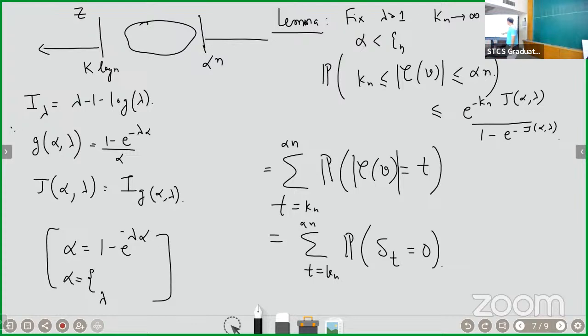So all I'm going to do is sum these expressions from Kn going to alpha n. Each of these terms is equal to Kn times e to the minus t j.